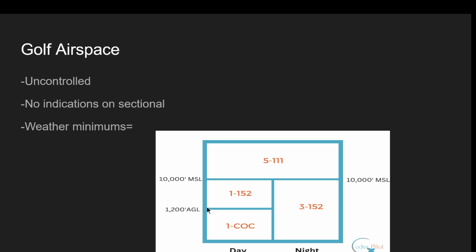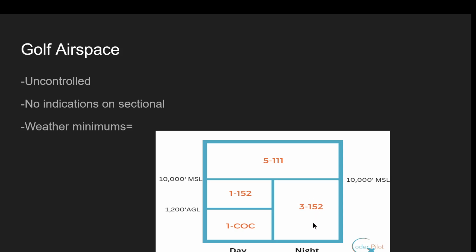And then from 1,200 feet AGL to 10,000 feet MSL, mean sea level, you're going to be sitting at 1 statute mile visibility, 1,000 above, 500 below, 2,000 horizontally. And then above 10,000 feet MSL at daytime or nighttime is 5 statute miles visibility, 1,000 above, 1,000 below, 1 statute mile horizontally. And then during the nighttime, you've got your 3, 5, 2, 1 minimums.